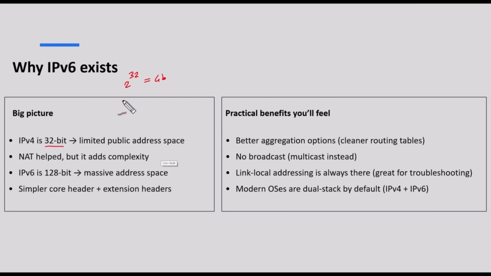And in that time, of course, we didn't have so many devices, so we even allocated a big chunk of IPv4 for multicast, and another one for experimental use, which we never used. In the end, we didn't have 4 billion. We had something like 3 billion IP addresses, and they have been depleted, I guess even before we entered the 21st century.